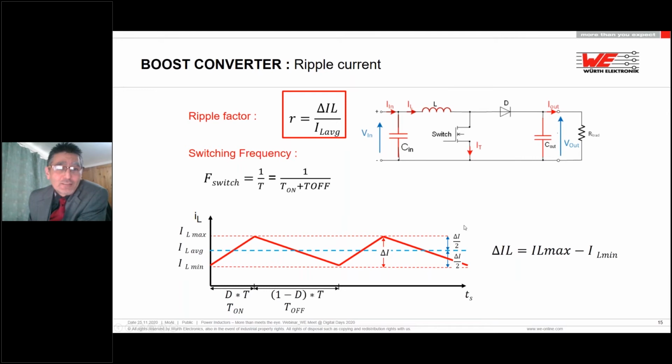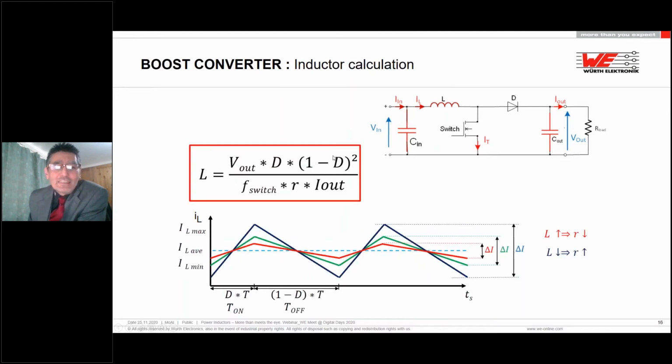Here it's I in. That's the difference. And accordingly, the inductance equation will also be different to account for that variation, input as opposed to output current. The same impact and the same relationship between inductance value and ripple factor still exists naturally. No difference there.